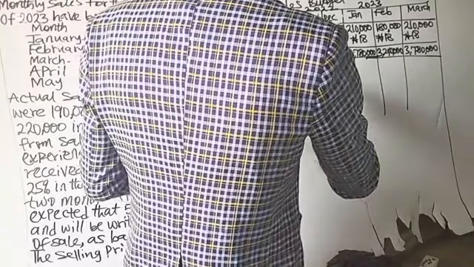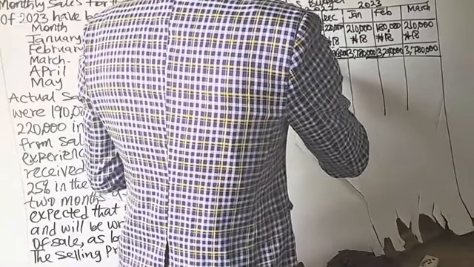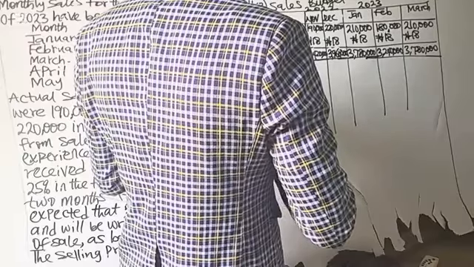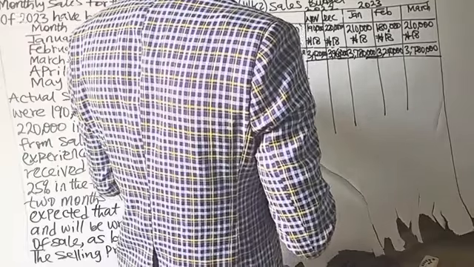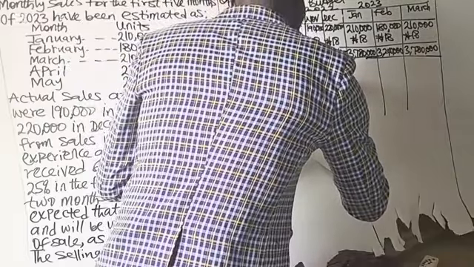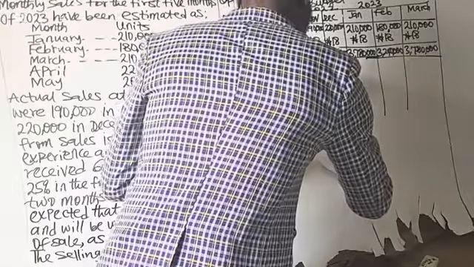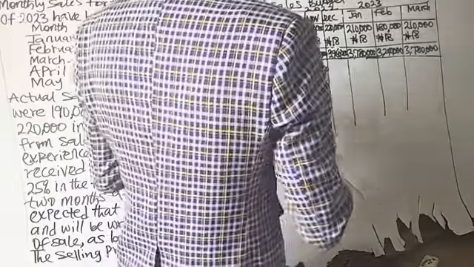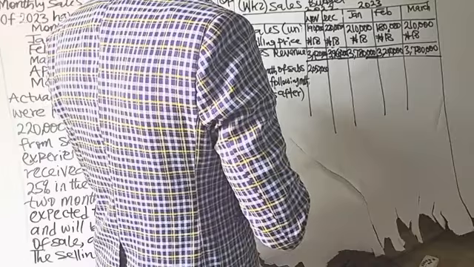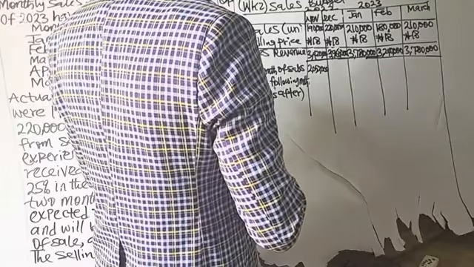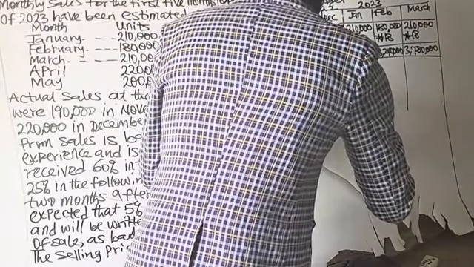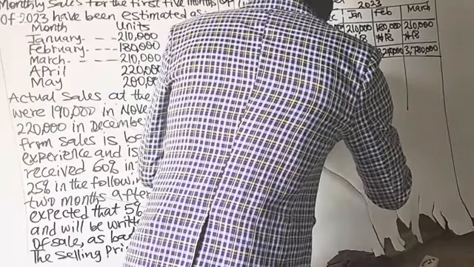Now, what is 60% of 3,420,000? That gives us 2,052,000. 60% of 3,960,000 gives us 2,376,000.